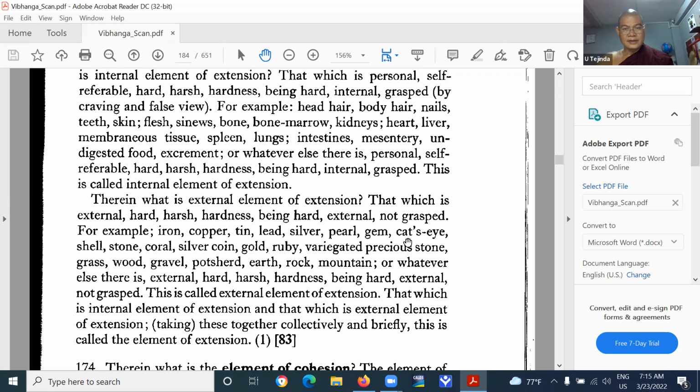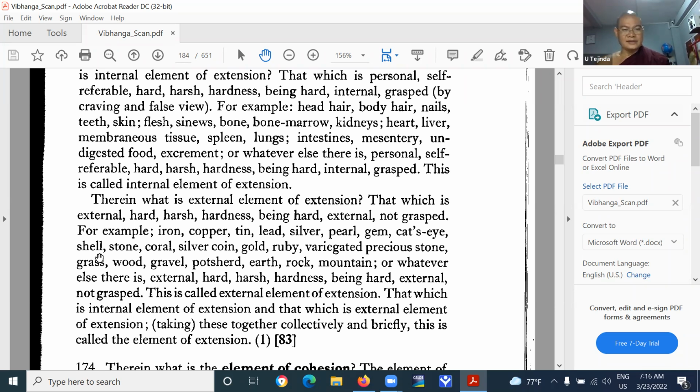Veluriya. Sankho, that is shell, the shell of the animal in the ocean. Shell. So called sila, stone. Pavala, coral.